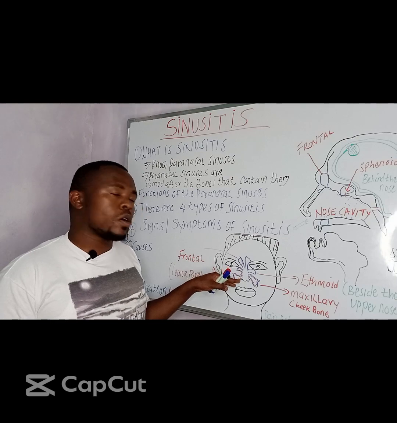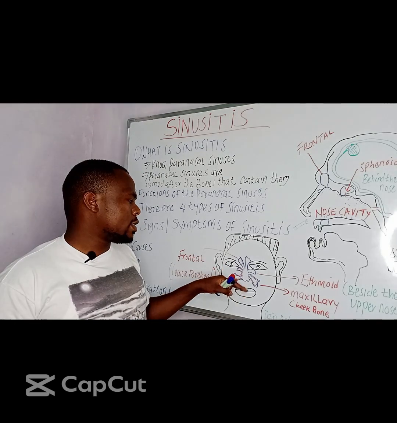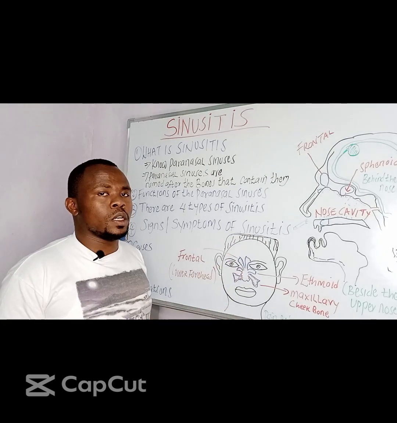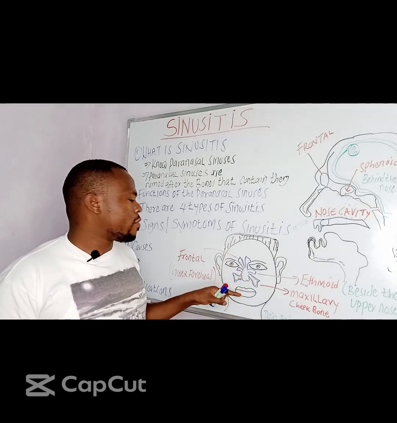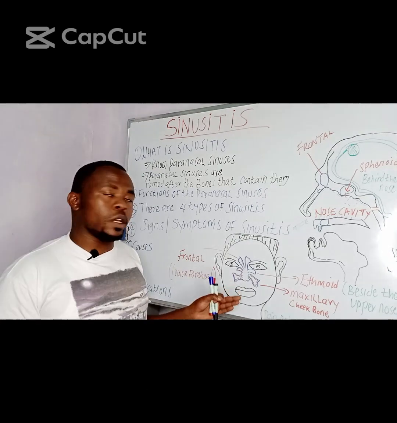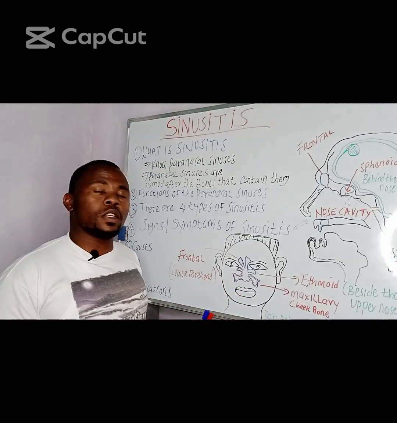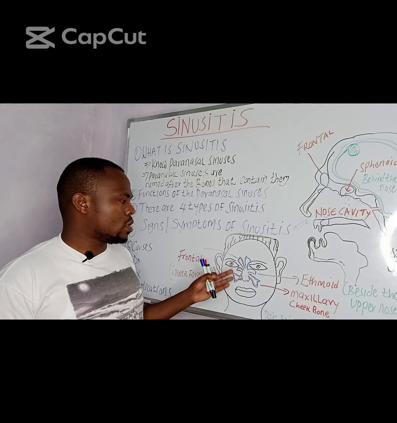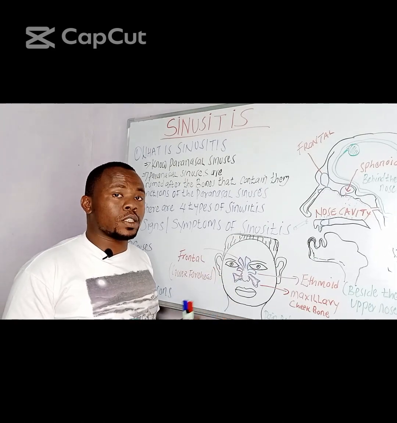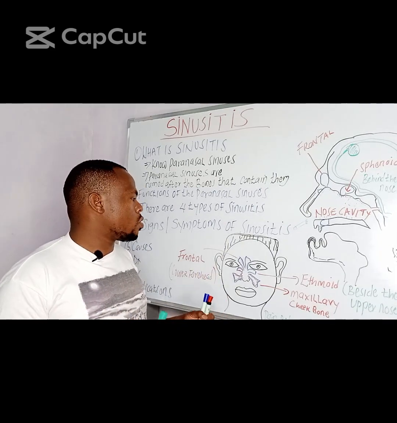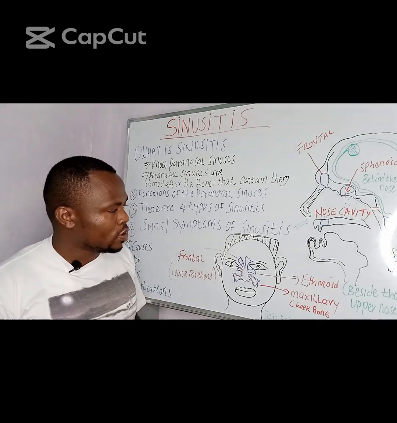The swelling will block the opening between the sinus and the nose cavity. When you have the blockage of this opening, mucus will not be able to drain normally from the sinuses into the nose. So this is what will contribute to your signs and symptoms. That is facial pain and all those other signs that we have talked about.